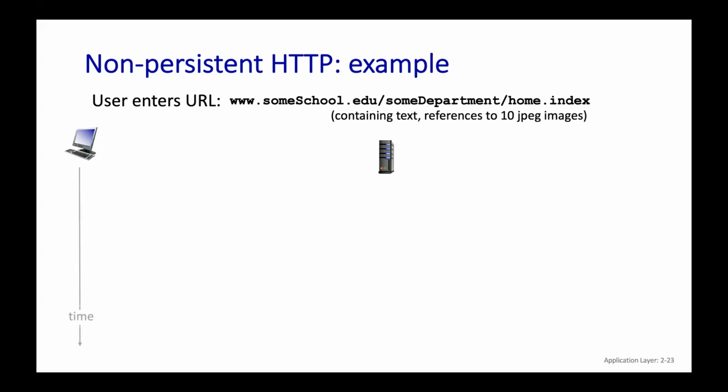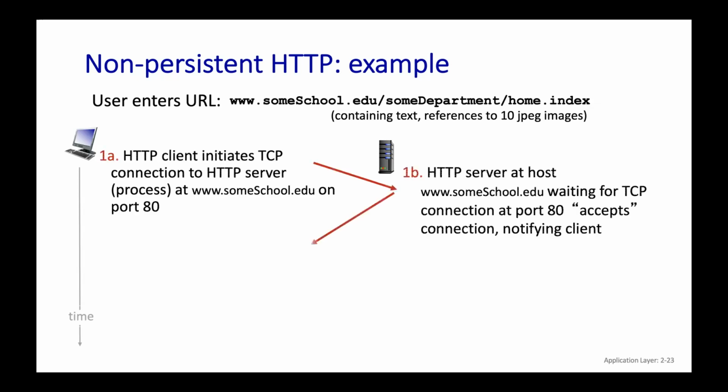So you send the request for this base file, and then this base file contains these additional images, referenced images. So that means आपको वो सब भी मंगवाने पड़ेंगे ब्राउजर में डिस्प्ले करने. So first the HTTP client initiates the TCP connection to HTTP server at this address, जिसका equivalent कोई भी IP address होगा, on port 80.